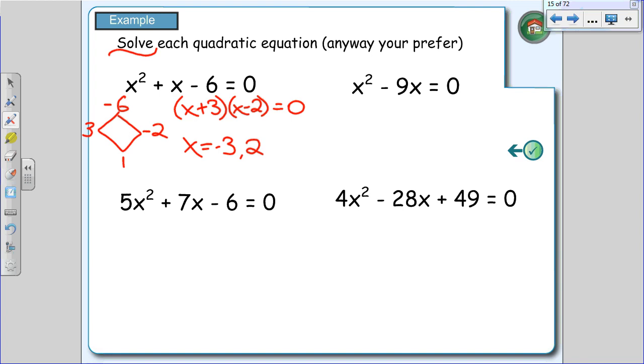The second question asks me to solve this. This is a binomial, so it's a little bit scarier. But again, the numbers are easy, right? I have a negative 9, 1 right there. So before I jump into quadratic formula, I would see if I can factor. What's the first step of factoring I should always try to do? I should always try to take out a greatest common factor.